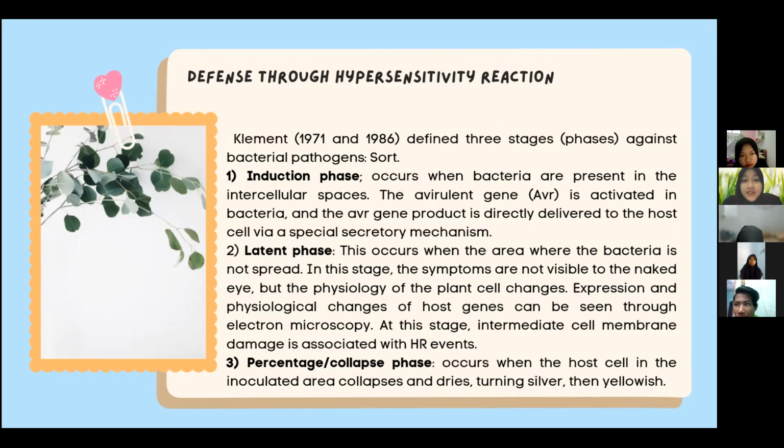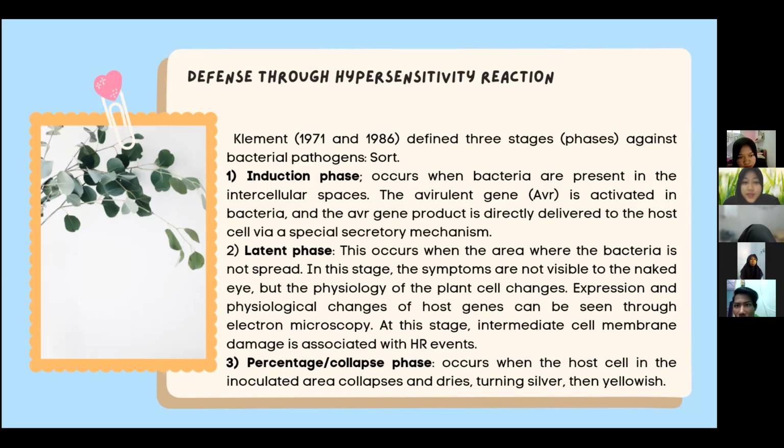Klement, 1971, defined three stages of the reaction against bacterial pathogen. One, induction phase, occurs when bacteria are present in the intercellular space. The avirulence gene is activated in bacteria and the gene product is directly delivered to the host cell via a special secretory mechanism.